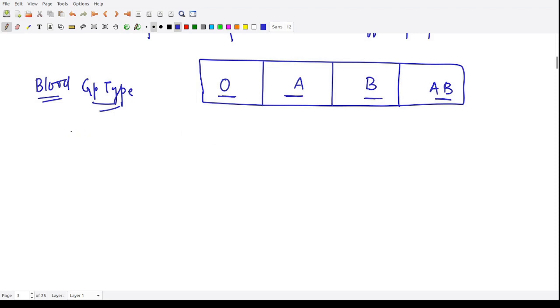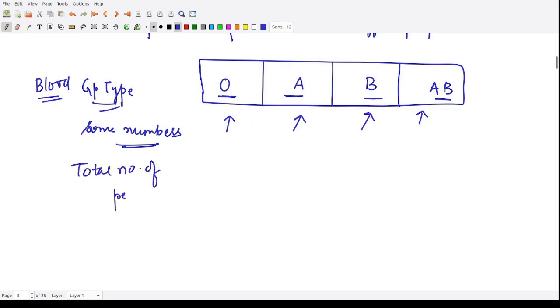So there would be some numbers which could be written here. So there would be some people having this blood group, this blood group, this blood group, and this blood group. And you also know the total number of persons there in that particular institution. So what you can do from these two data, you can calculate the associated probabilities.